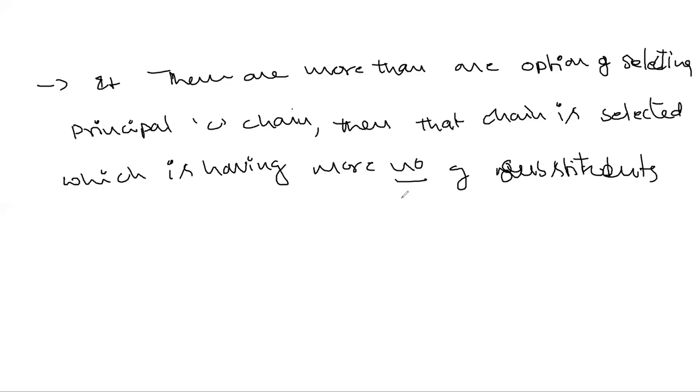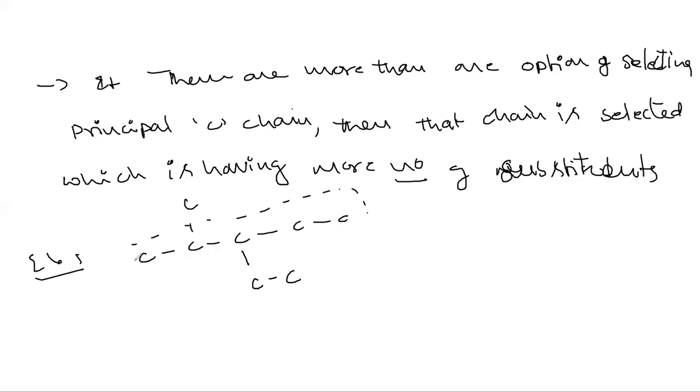See, for example, if I have a carbon chain like this, C, C, C, C, C, with a substitution here and a substitution here. Suppose I have a principal chain like this. How many carbons do I have? 1, 2, 3, 4, 5. 5 carbons.